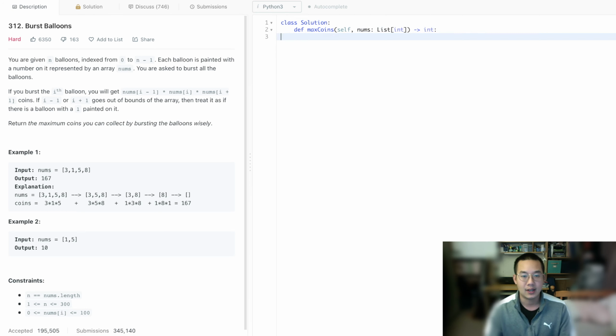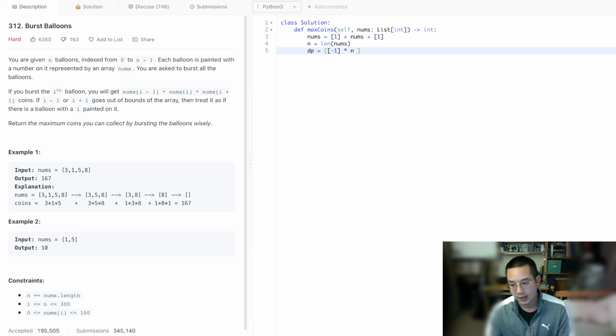All right, let's go. So nums equals 1 plus nums plus 1 to introduce those numbers, get the length of nums. We'll be using this variable pretty often. And let's create a DP with the left and the right. The reason why we are creating this left and right is because the hash map doesn't work.